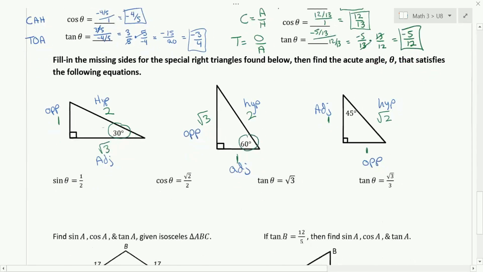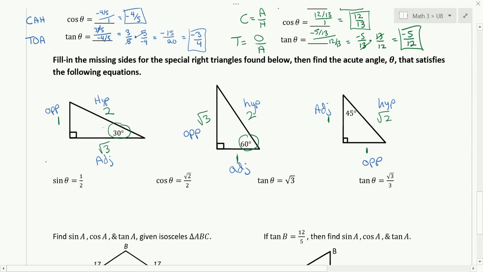So, which triangle would go with the first equation? Sine of theta is 1/2. And it's got to be one of these triangles, and we're just trying to pick which one it goes with. And how do you know it's the first one? Opposite, yeah.